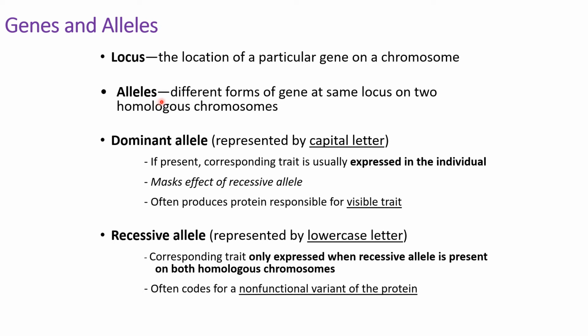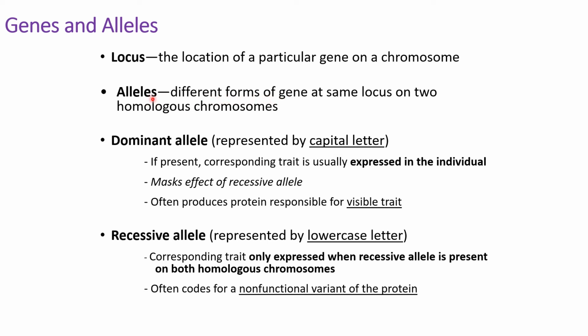So mom has an allele for height that has a specific location on her chromosomes. The dad also has a gene for height, or an allele, that's located at the same place on his corresponding chromosome. So these are just called alleles.